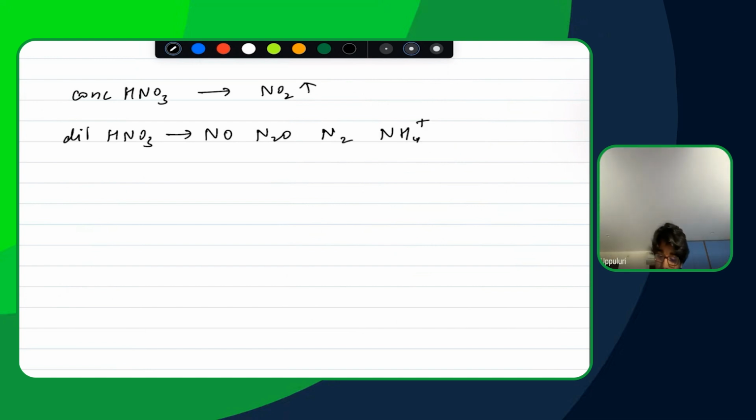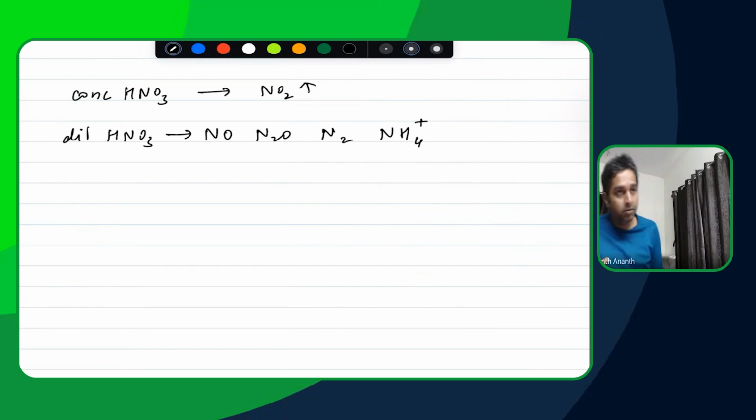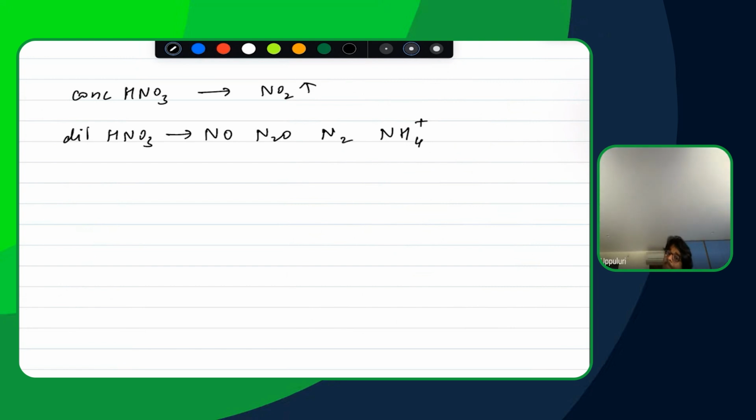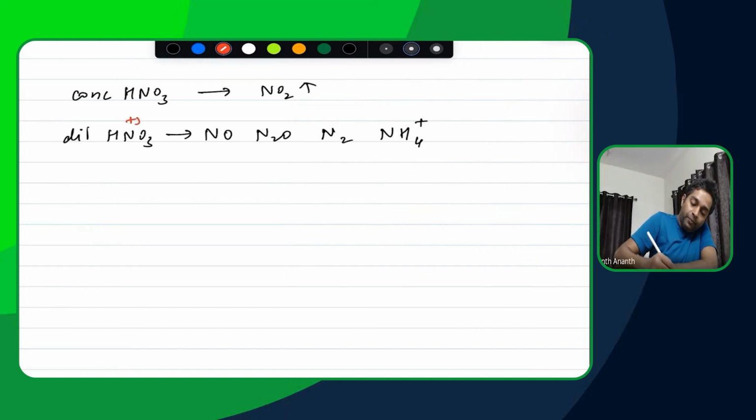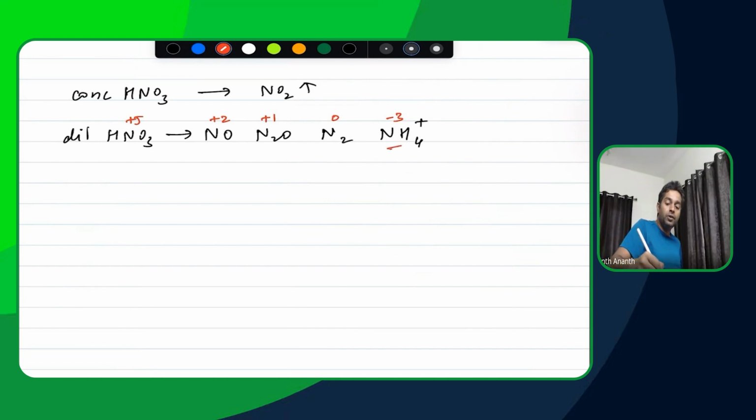Nitrogen is the one which is undergoing reduction. I'm only looking at nitrogen. So it can go from +5 to +2 to +1 or 0 or -3. So the most dilute form will generally go for this.